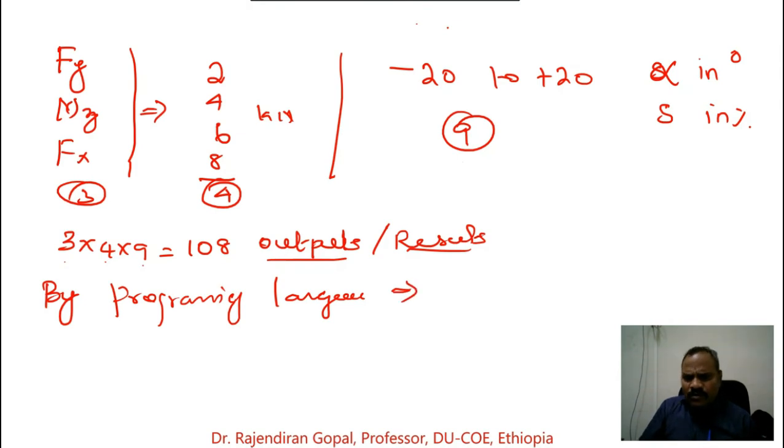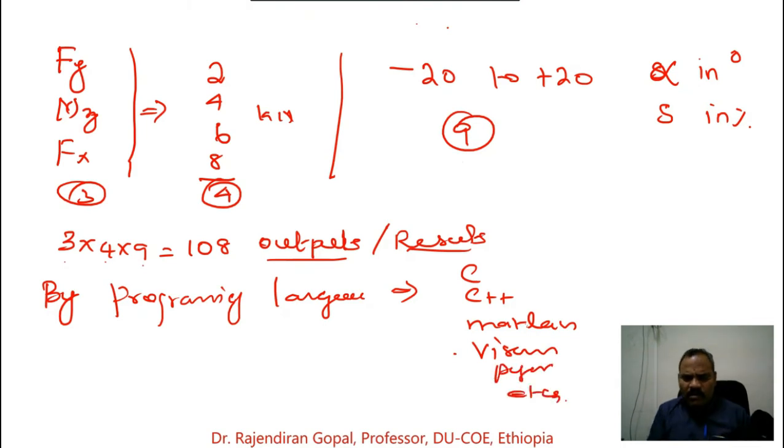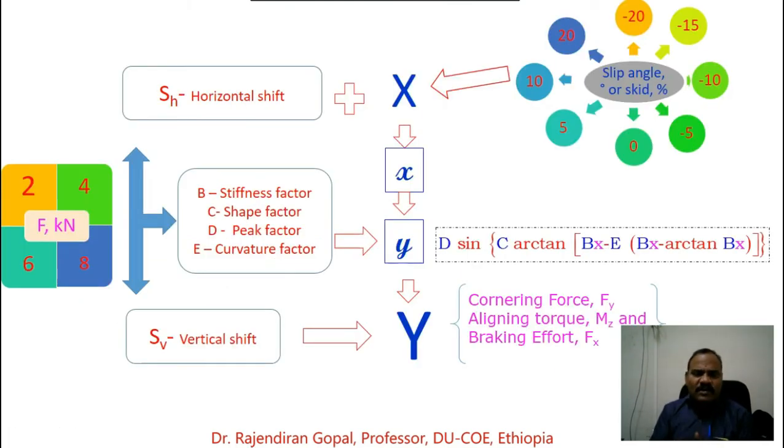This should be carried out by a programming language. Either you can use C or C++ or MATLAB or Visual Code or Python, etc. Now in this class I will explain how to use this algorithm. This is the graphical flow chart of the programming to solve this given problem. Here the input is 4 loads 2, 4, 6, 8 kilonewton.